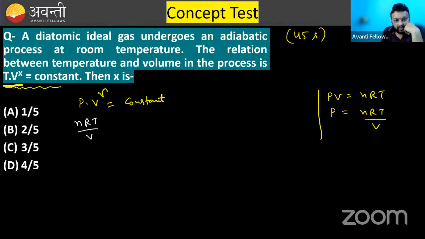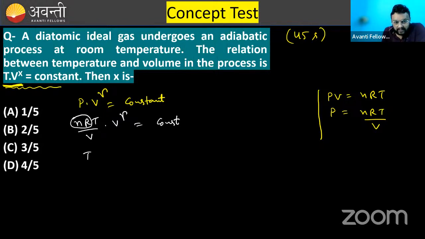nRT divided by V into V raised to the power gamma is equal to constant. Clear? Can you see that n and R both are constant?